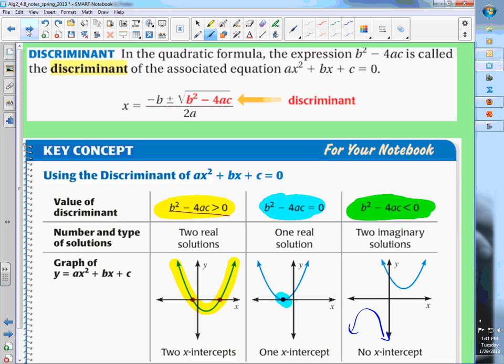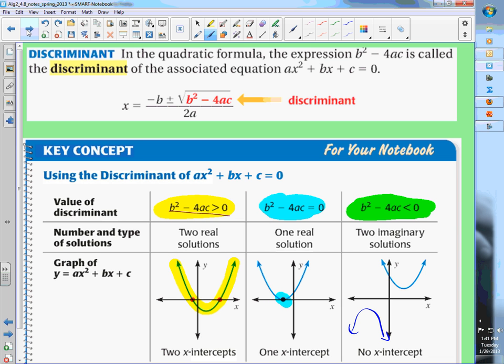The b squared minus 4ac, if it's positive, you're going to have two real solutions. It means the graph will cross the axis twice if b squared minus 4ac is a positive number.